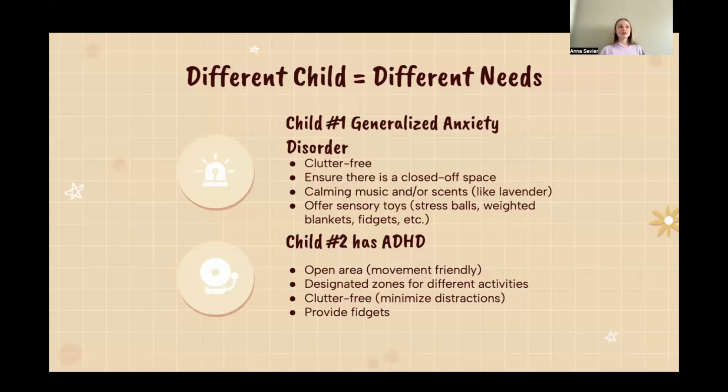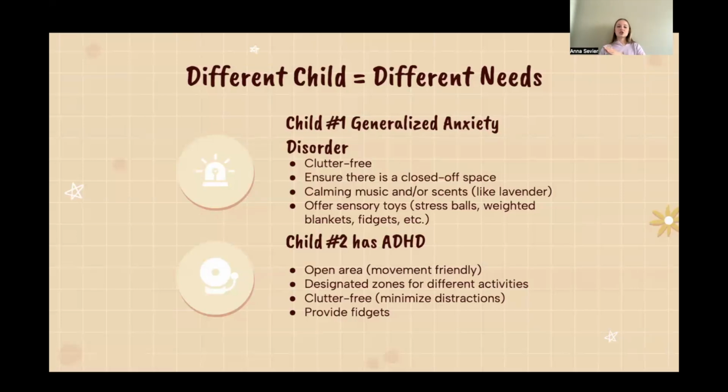So, the second child has ADHD. This child might need a more open area. They need to be able to move more. They also might need designated spaces for each activity. So maybe this corner needs to be paint. Maybe this corner can be puzzles and books. Maybe this one could be the pretend play.